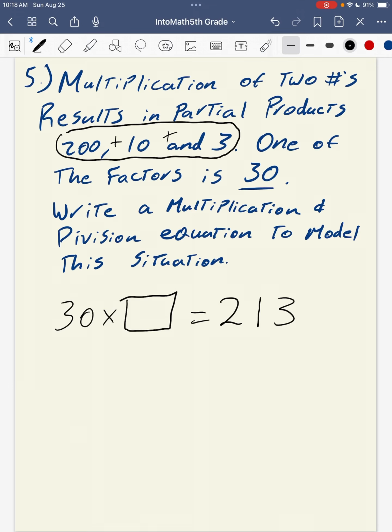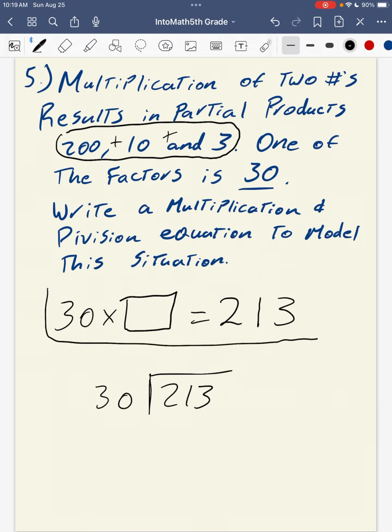Okay, so now we need to figure out what times 30 gives us a product of 213.